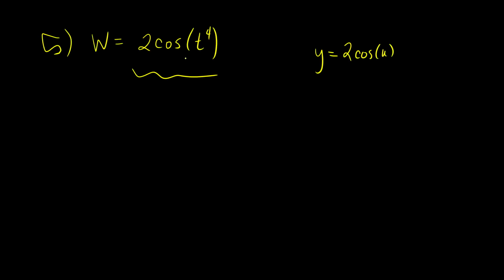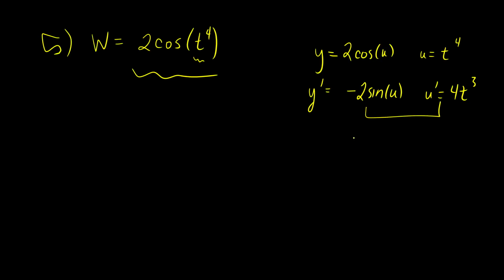So this is w equals 2 cosine t to the 4th. Once again, my outside is 2 cosine of u. My inside is t to the 4th. So my derivative is going to be negative 2 sine u, and the derivative of the inside is going to be 4t cubed.